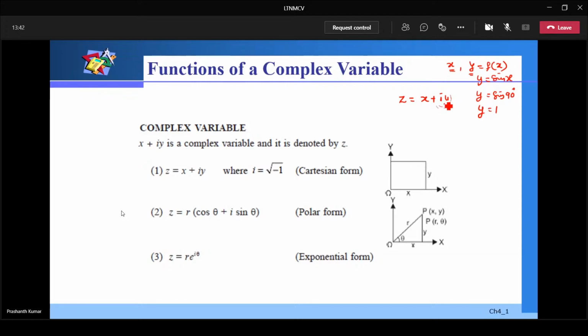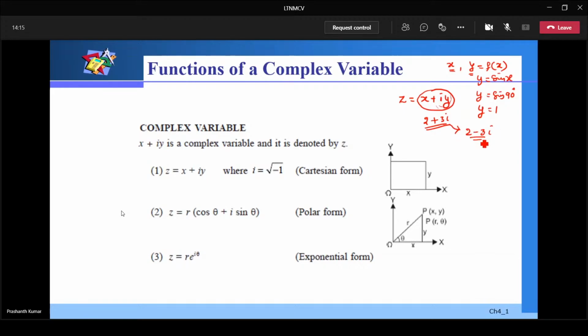Whereas z is equal to x plus iy is also a single valued function. x plus iy gives one and only one number. Suppose x is equal to 2 and y is equal to 3, it becomes 2 plus 3i, a complex number, a single number. But whenever you find this single number 2 plus 3i, automatically you will get 2 minus 3i.